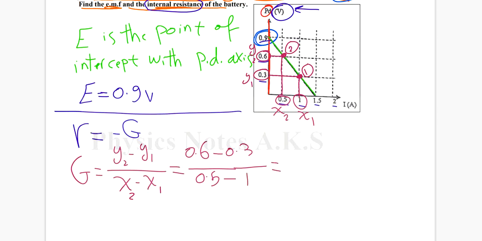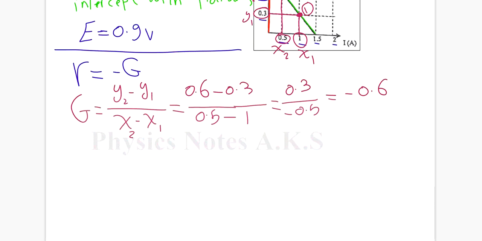So it's going to be 0.3 over negative 0.5. I guess the answer will be negative 0.6. This is the gradient.